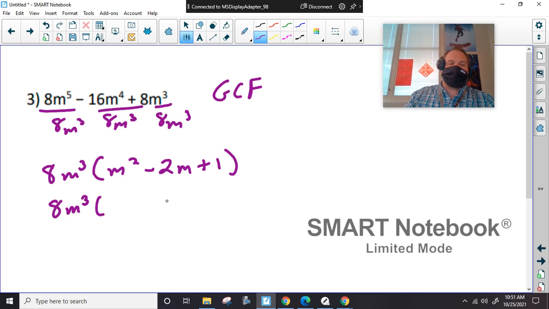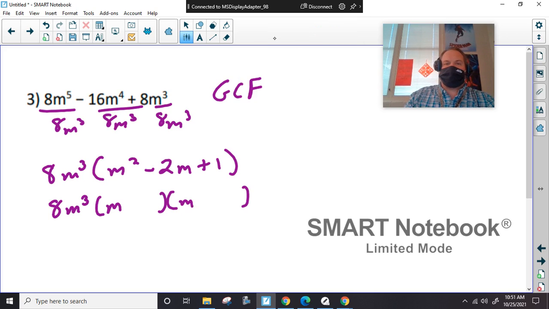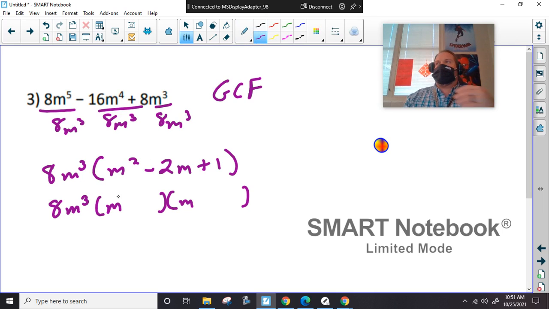So now this is really hard, so I need y'all to put on your thinking caps. All right, this positive right here tells us our signs are the same. This tells us they're both negative. I wonder what are the only two numbers that you can multiply and get 1.